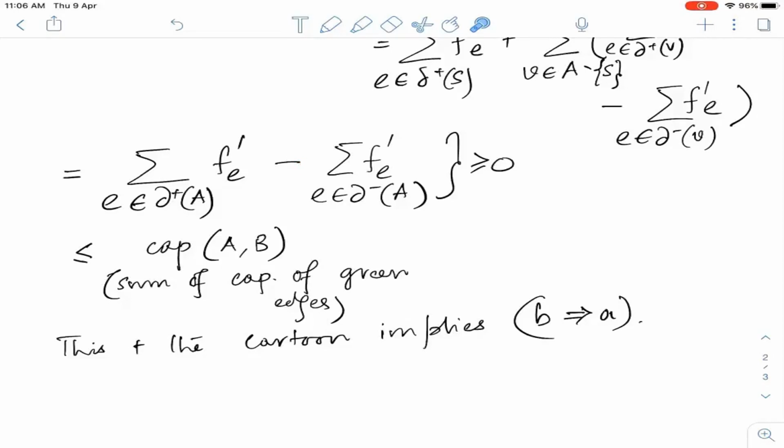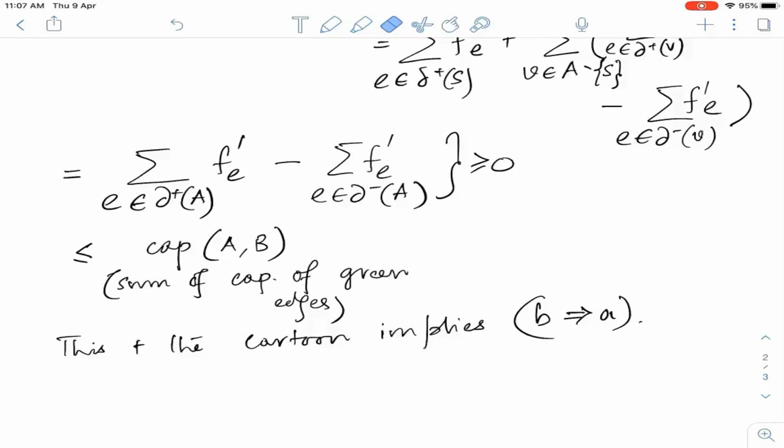So if Fe prime is less than or equal to Ce prime, then this implies that minus Fe prime is at least minus Ce prime. But then your inequality is in the wrong direction. You want a less than or equal to, but if you have a minus sign, it will change its direction, right? So an upper bound here does not help. But we are not using that. We are just using the fact that Fe primes are all non-negative. So this entire thing is non-negative, is the only thing that I'm using. Good, that's a good clarifying question.